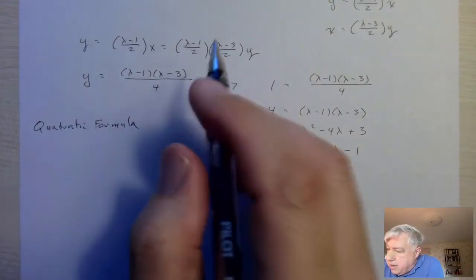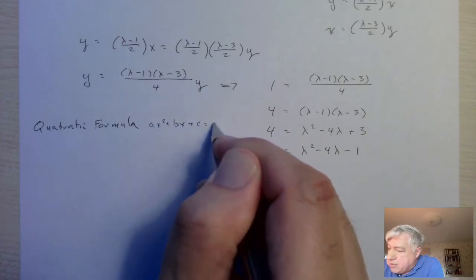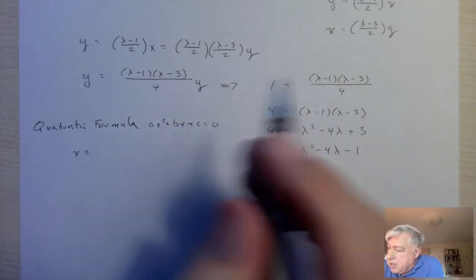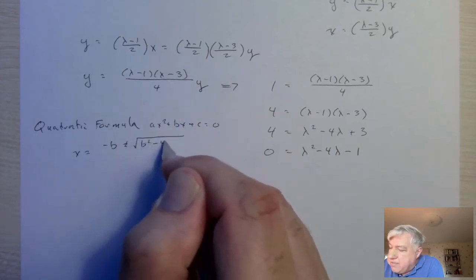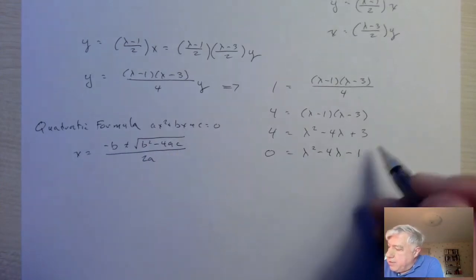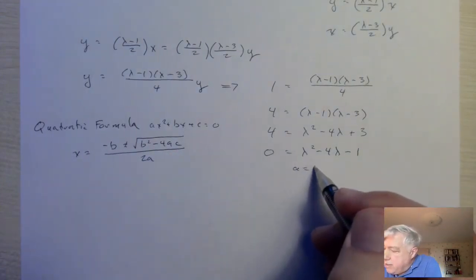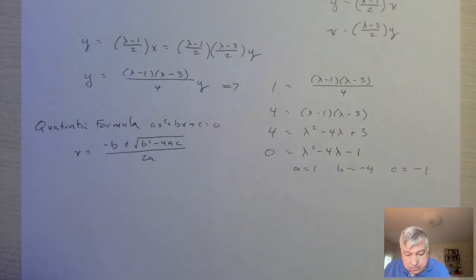It is, for solving ax squared plus bx plus c equals 0, the solution would be minus b plus or minus the square root of b squared minus 4ac, all over 2a. So in this case, we see that a is 1, b is negative 4, and c is negative 1.